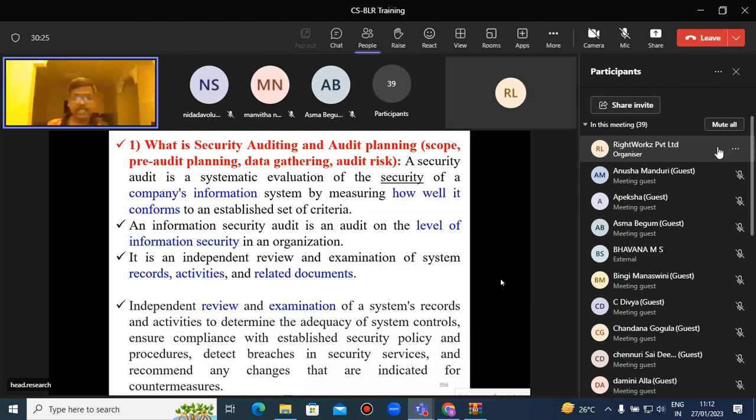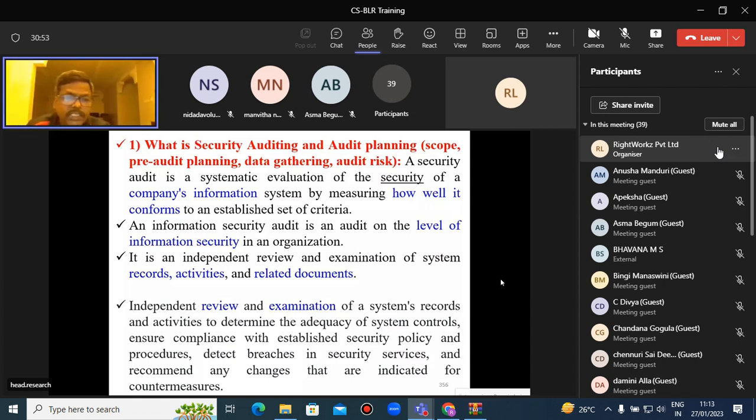That's how they measure the level of information security you are using in the organization, by verifying records, related documents, or any other physical activities. They check through servers, systems, data centers, like that various levels of information security.